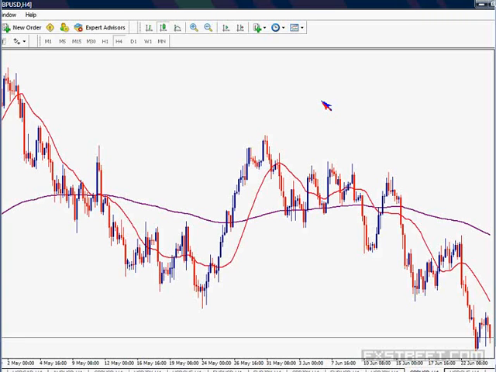Another way to take a look at this moving average, in this particular case, is the distance and the slope. As long as price keeps moving away from the moving average, the more bearish I will be on the pound.